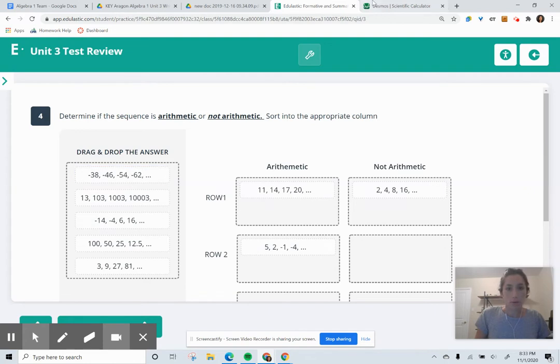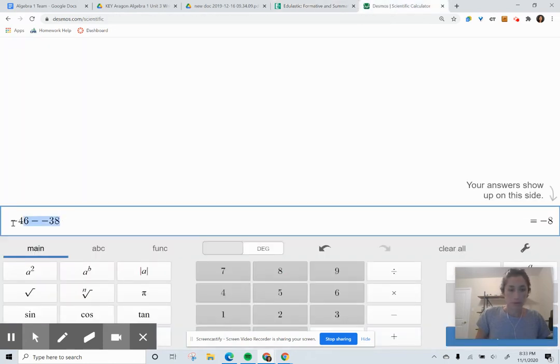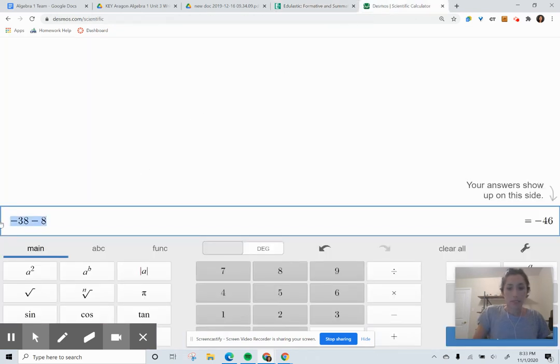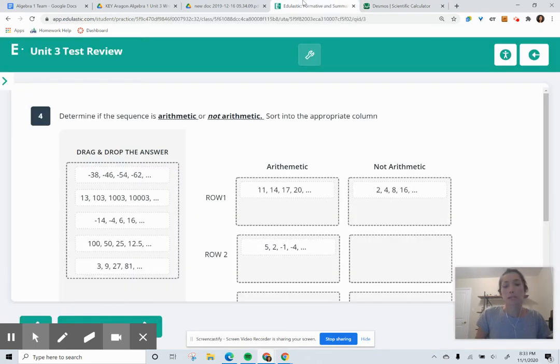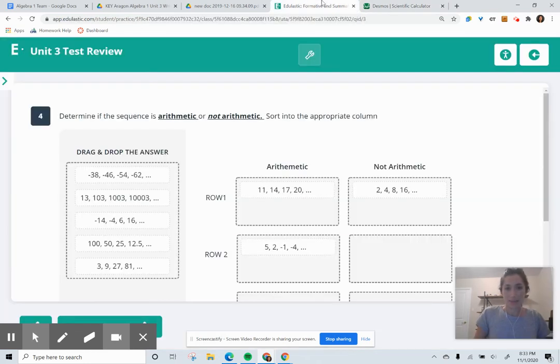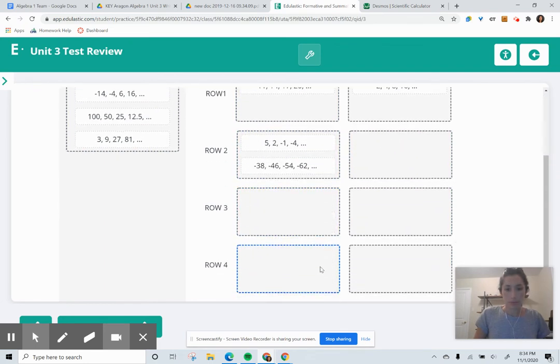We can subtract 8 from negative 46 to see if our pattern's consistent, and then subtract 8 more again and verify that it's consistent. So negative 54 minus 8 is giving us that last number, negative 62, yes. That is arithmetic.